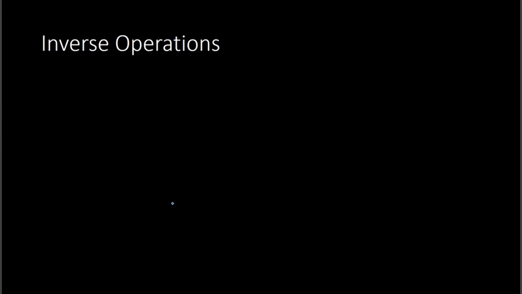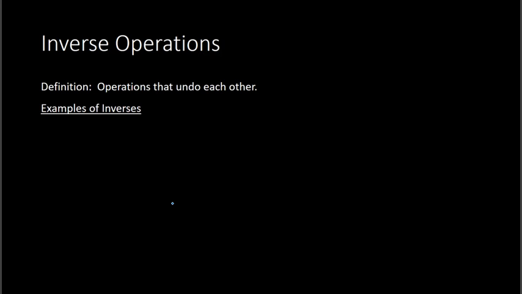Next, we need to understand what an inverse operation is. An inverse operation is an operation that undoes another operation. So some examples. Addition and subtraction would be inverse operations. If I add 4 and then subtract 4, I'm right back to where I started.